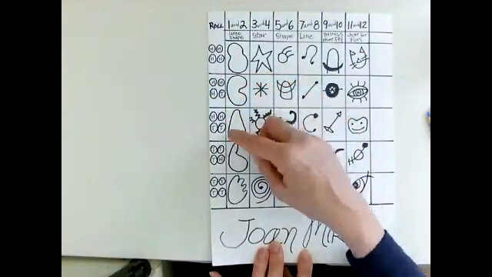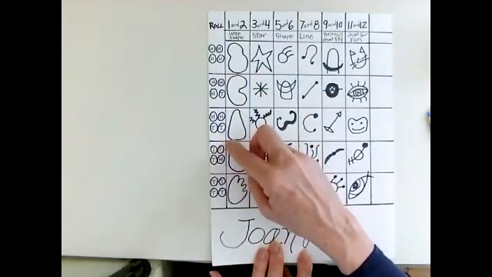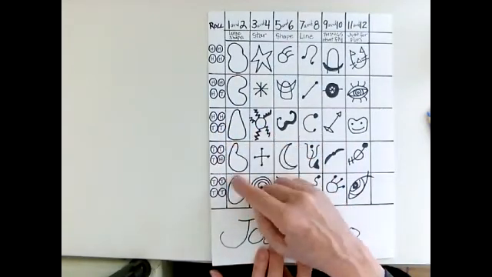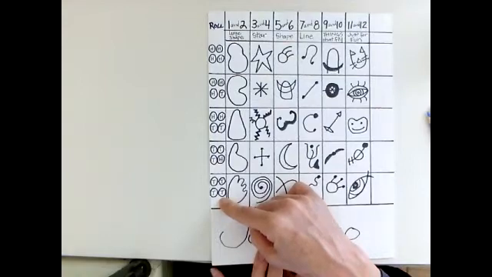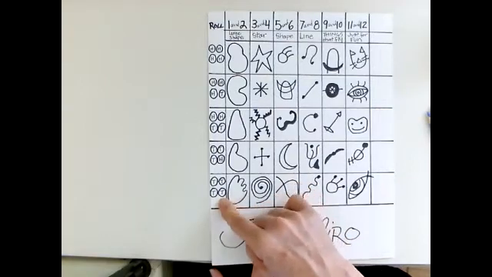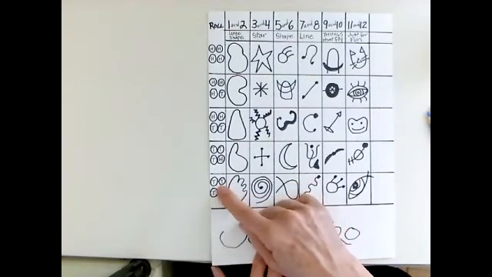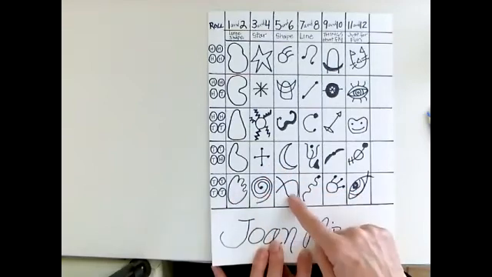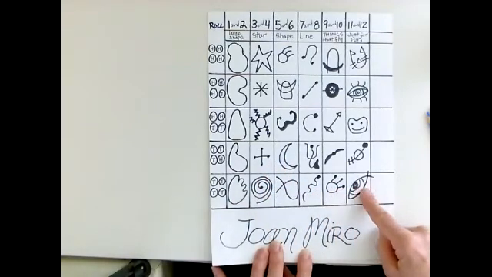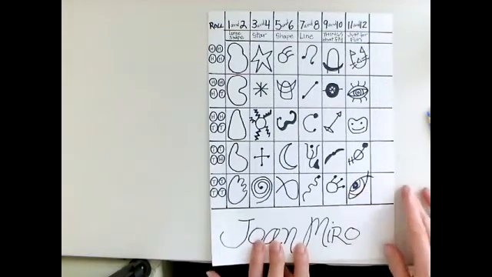HHTT, which is 2 heads and 2 tails. 3 tails and a head, and 4 tails. So when we toss our coins, how our coins land is going to tell us which one of these images we're going to draw in our picture. And where you draw them and how you draw them is going to be up to you.